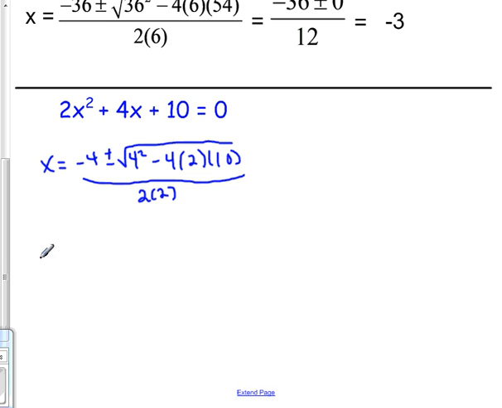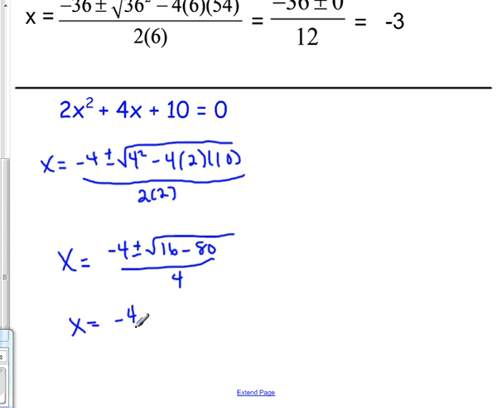So x equals negative 4 plus or minus the square root of 16 minus 80, all over 4, or x equals negative 4 plus or minus the square root of negative 64 over 4.